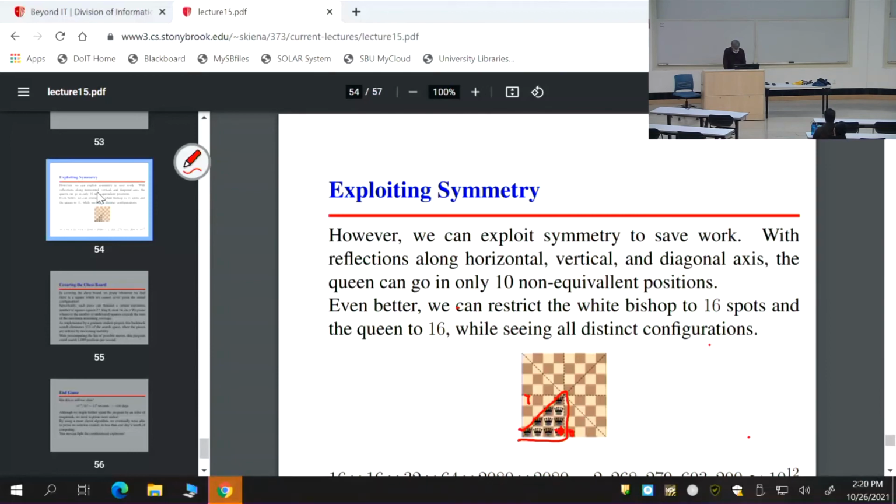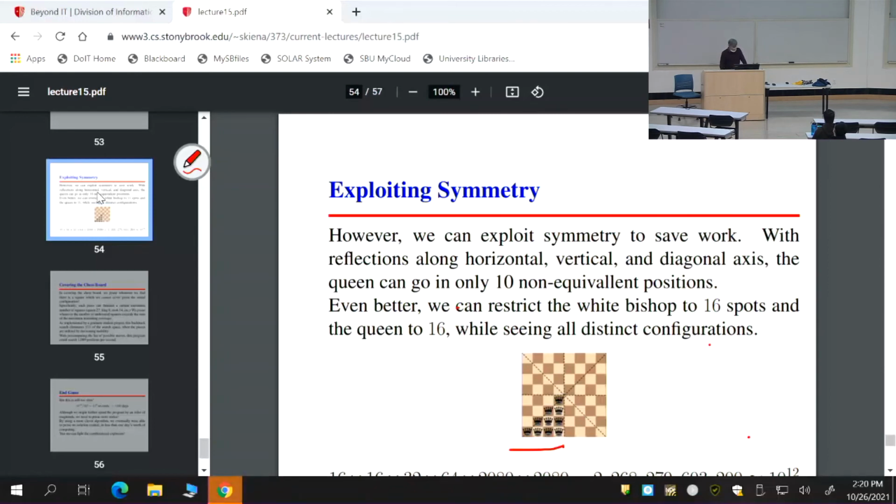That was the same as this one, reflected around the main diagonal. In fact, with a little thought, you should be able to see that if you limit the queen to only these 10 positions, any solution that will attack all 64 squares can be reflected into a solution that will have the queen in one of these squares.